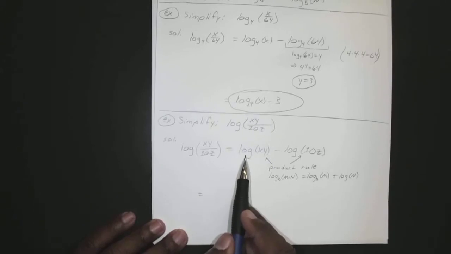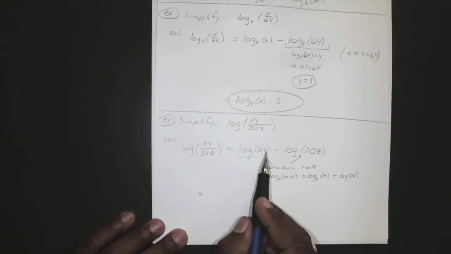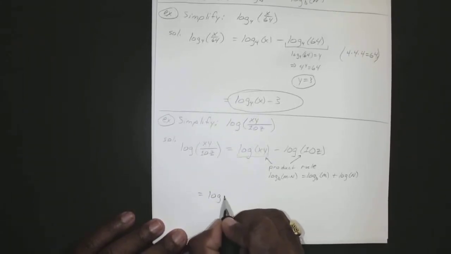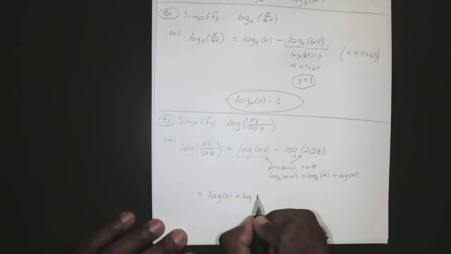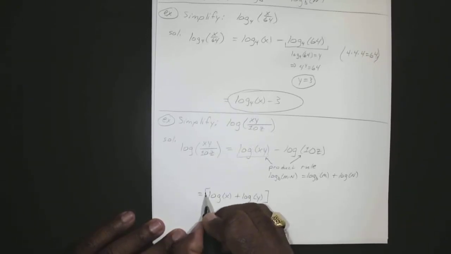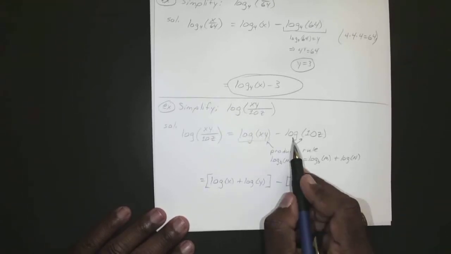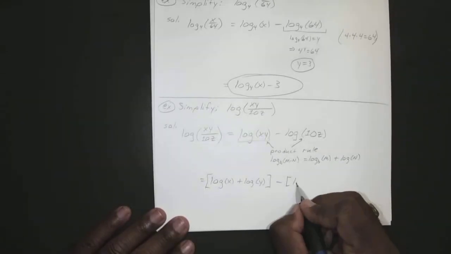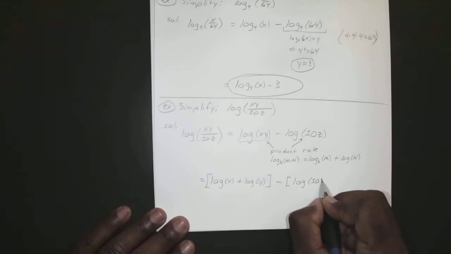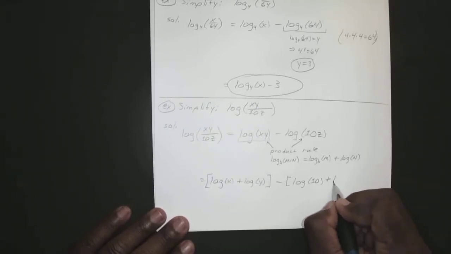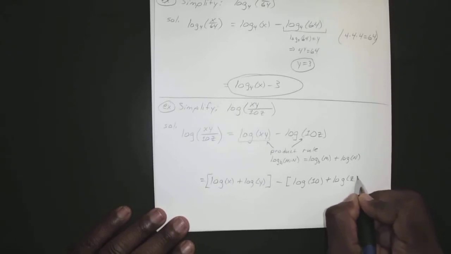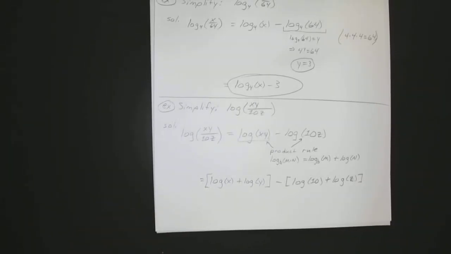So that's going to equal, for those two, x and y, log of x plus log of y. Okay, so we're just going to separate that. Minus log of 10 times z is log of 10 plus log of z. Okay, so sometimes you have to use more than one. Sometimes when you do one, it leads right to another.